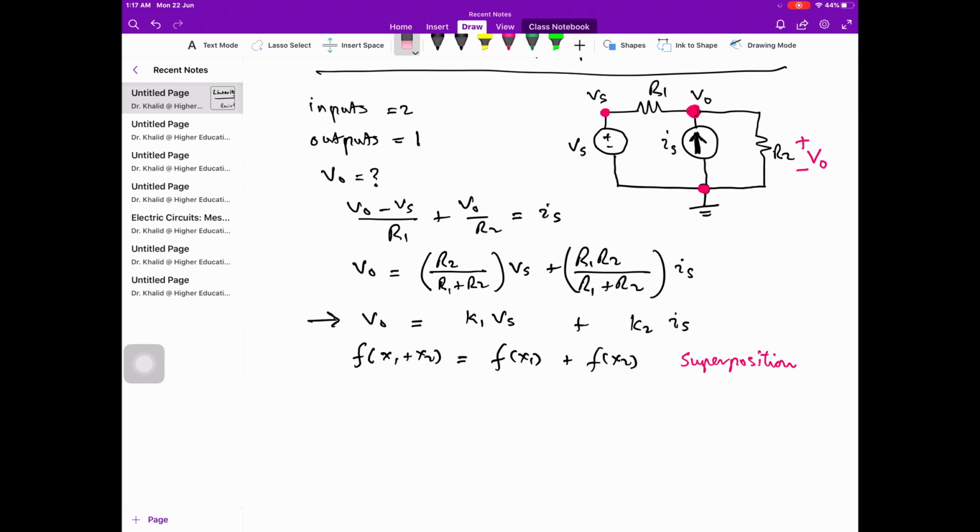The first term shows the part of the output voltage only due to Vs, and the second shows the output voltage only due to Is.